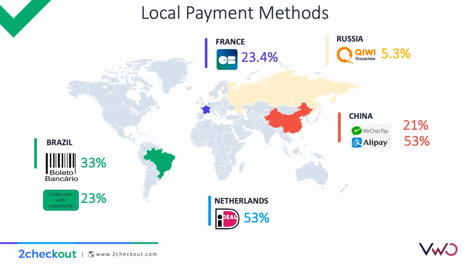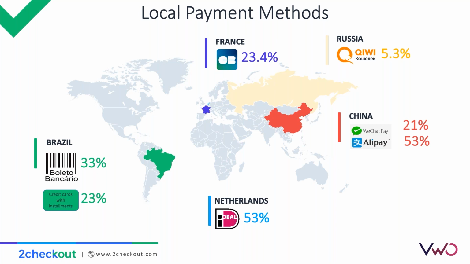So we try to compress our learnings and give you a map of the most important local payment methods that you really want to have if some of your countries are on this list. And again, these are not all the important payment methods, but they are the ones with the biggest revenue shares.